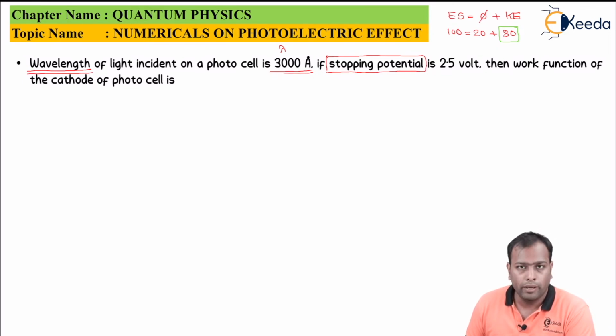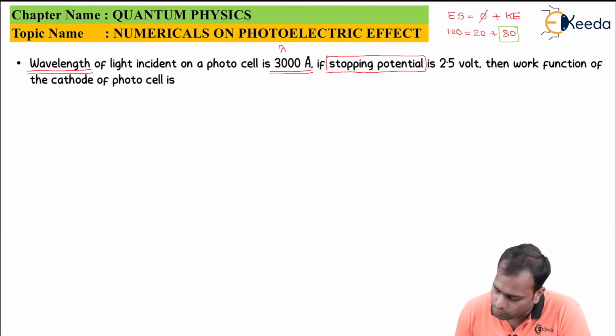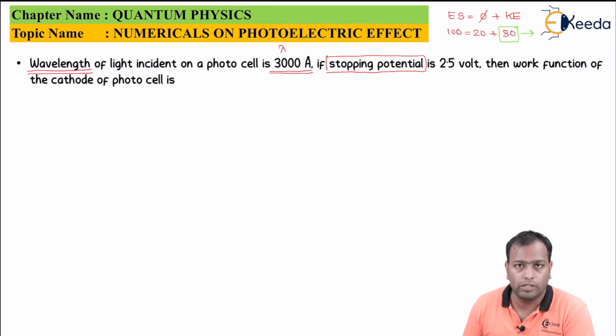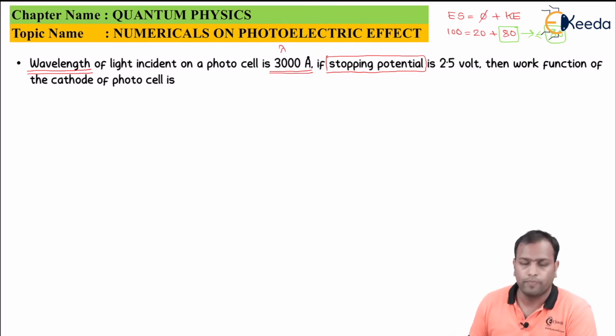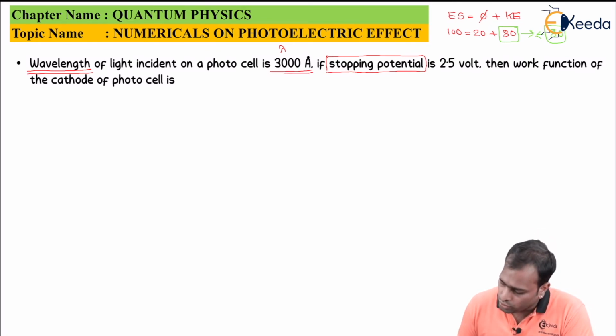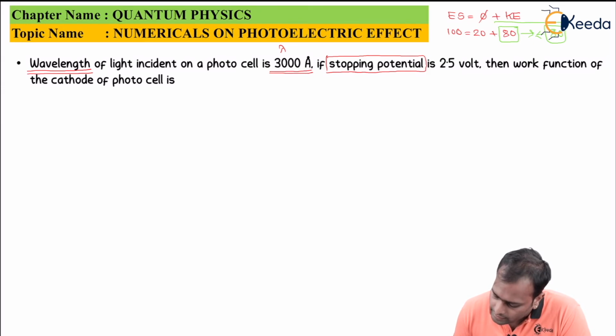So what you will be doing, you will be suppressing the electron with an equal amount of energy. If your electron is moving ahead with 80 units of energy, you would be providing the same amount of energy in the opposite direction to suppress the movement of the electron, or to suppress the electron being ejected out. So basically this is what the stopping potential is.